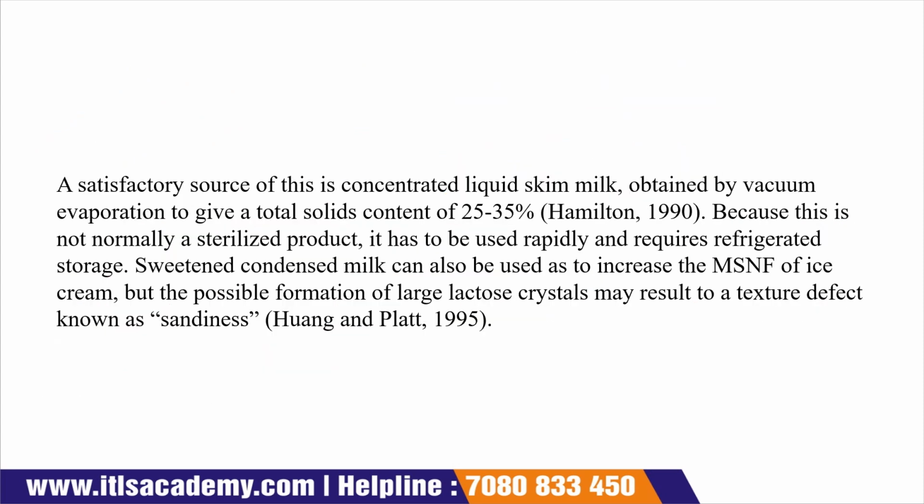A satisfactory source of this concentrated liquid milk is what? Skim milk, which is obtained by vacuum evaporation, so that it gives a total solid content of around 25 to 35%. So the satisfactory source for the preparation of this ice cream is concentrated liquid skim milk.